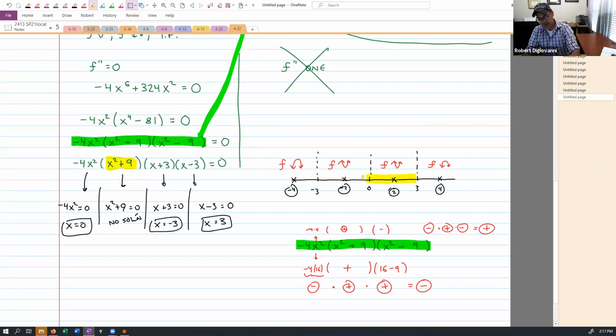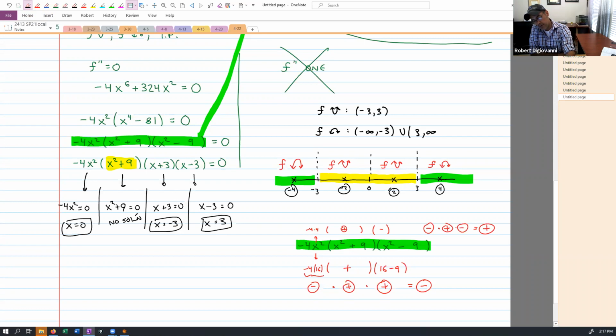Here's where we're concave up. Here's where we're concave down. So f is concave up on negative 3 to 3, concave down on negative infinity to negative 3, union 3 to infinity.